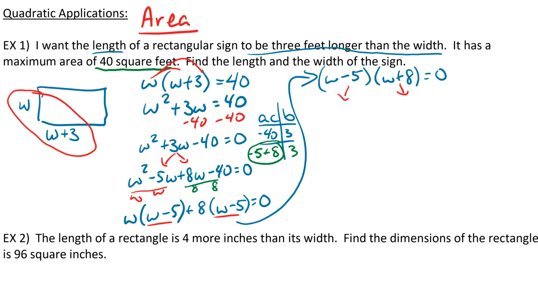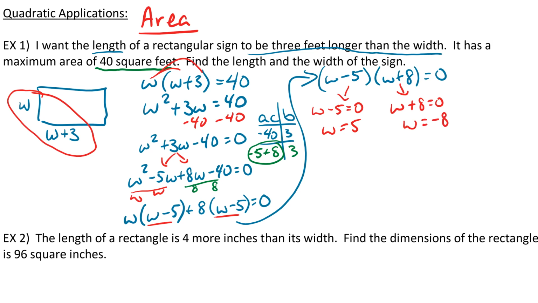Now we can just set each of these equal to 0 individually. So we got W minus 5 equals 0. Add 5 to both sides and we get W equals 5. For this one we have W plus 8 equals 0. Subtract 8 from both sides and we get W equals negative 8.